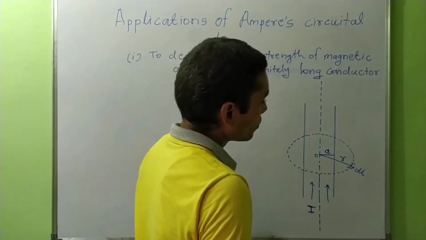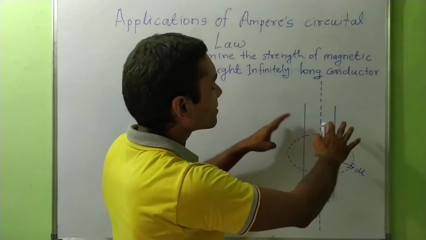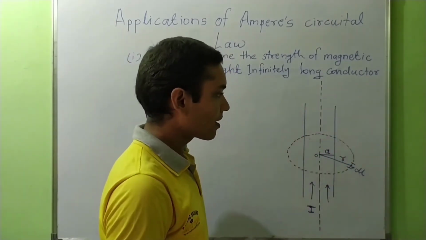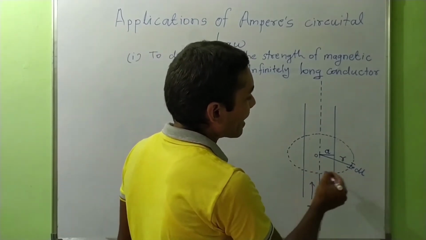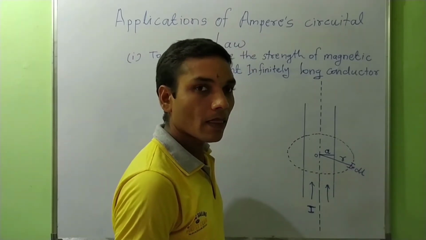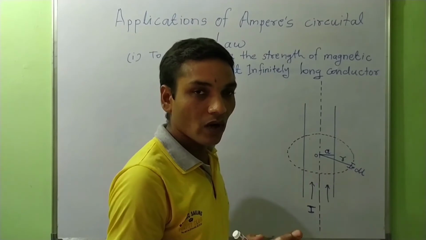You know, because this observation point P is inside the magnetic field of this straight current carrying conductor, a line of force can pass through this observation point, and the line of force will be circular.